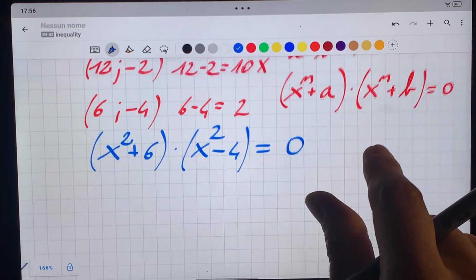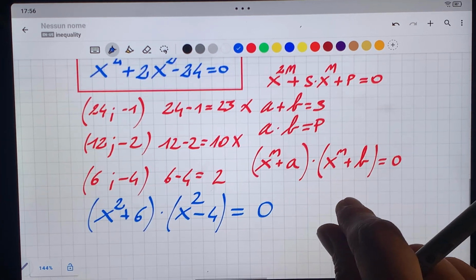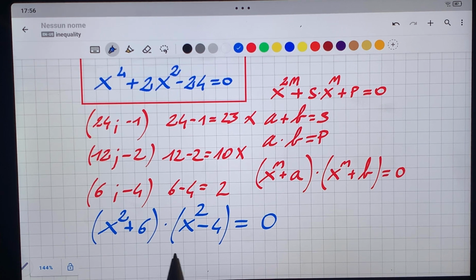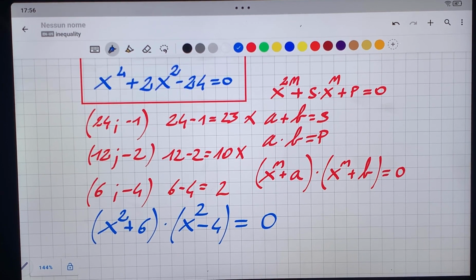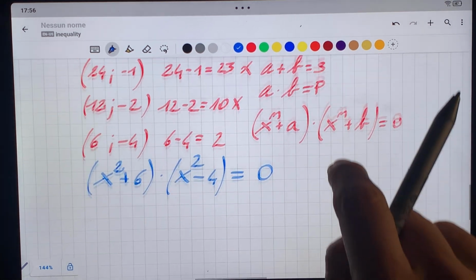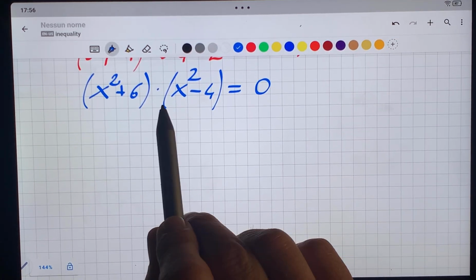Now, what I'm saying is that instead of working on this equation, we will work on this equation, and this is okay, and it's quite easier to solve, because we can factorize this factor.